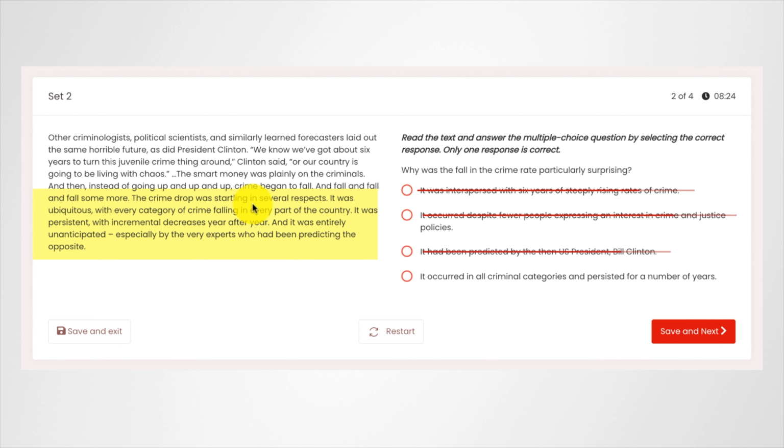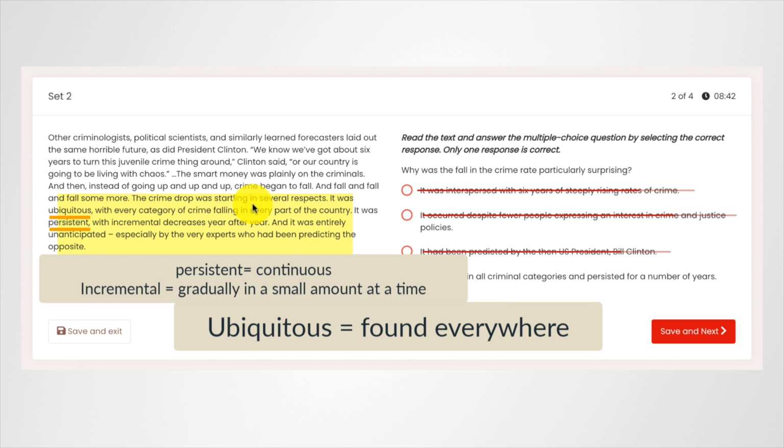The last one is saying it occurred in all criminal categories and persisted for a number of years. All categories persisted for a number of years. This is exactly what we read back in the passage, because in the passage we read that it was ubiquitous, which means universal, and persistent with incremental decreases means it persisted for a number of years as well.